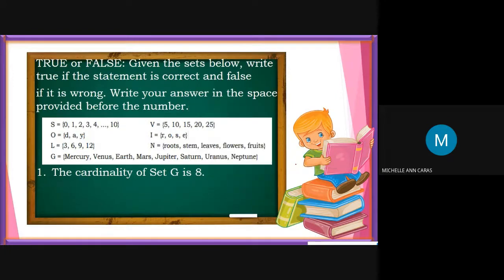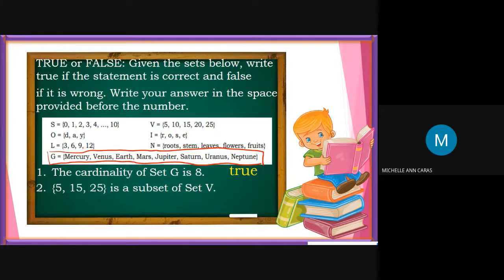Okay, so si set G, ari ang aton nga set G. So, ano ba tong elements ng set G? So, ang elements niya includes Mercury, Venus, Earth, Mars, Jupiter, Saturn, Uranus, and Neptune. So, kung bilangan ta ni siya, we have 1, 2, 3, 4, 5, 6, 7, 8. Mera kita sang 8 nga cardinality. So, therefore, ang answer diri is true, since walo ang elements ng set G.